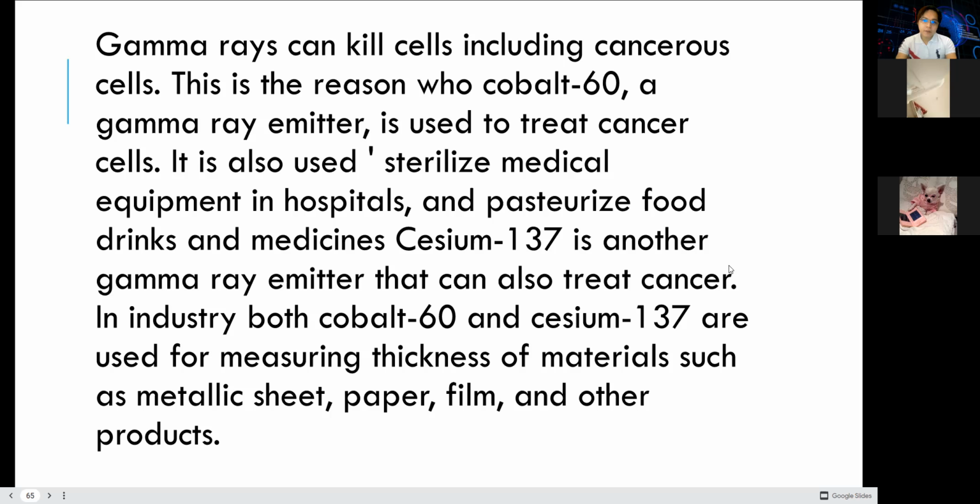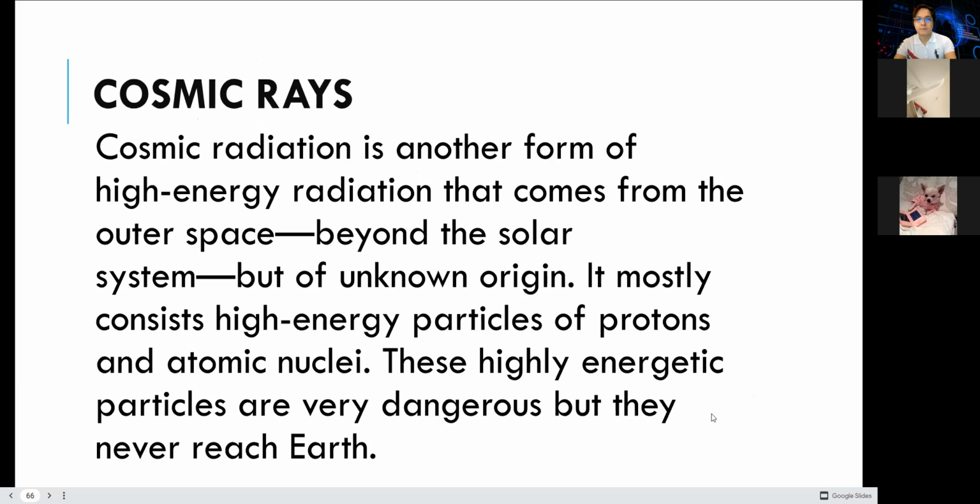Cesium 137 is another gamma ray emitter that can also treat cancer. In industry, both cobalt and cesium are used for measuring the thickness of materials such as metallic sheet, paper, film, and other products. But again, it has a harmful effect on your tissues and your cells.